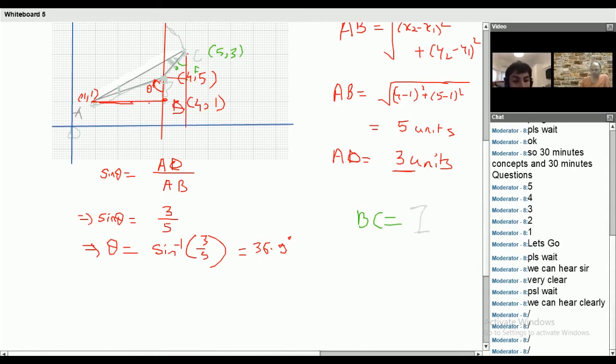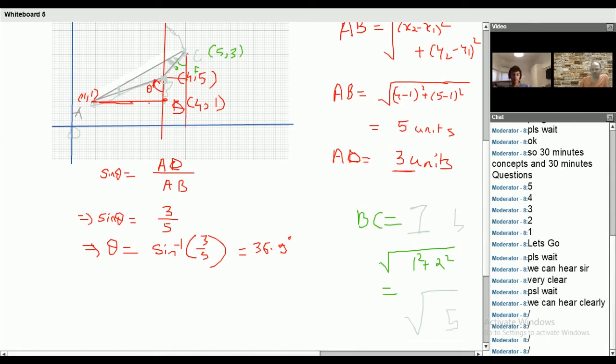So 5 minus 4 is 1. And 5 minus 3 is 2, so 2 squared is 4. Yes, 1 and 4. Great. BC is going to be root 5.